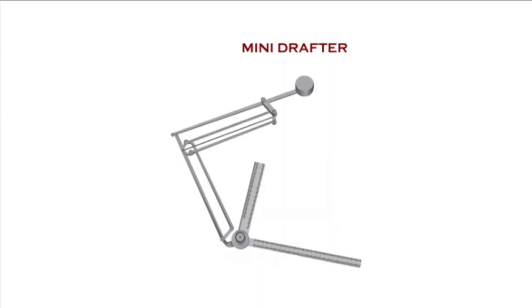Its one end is clamped by means of a screw to the distant longer edge of the drawing board. This part of the mini drafter is clamped to the drawing board.